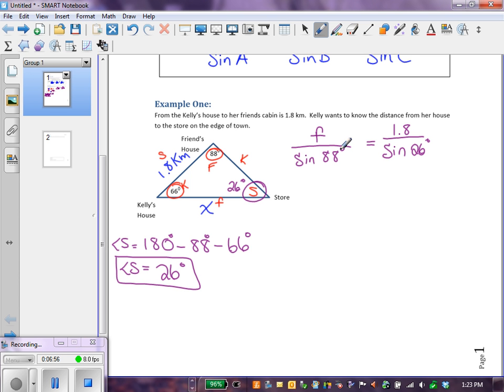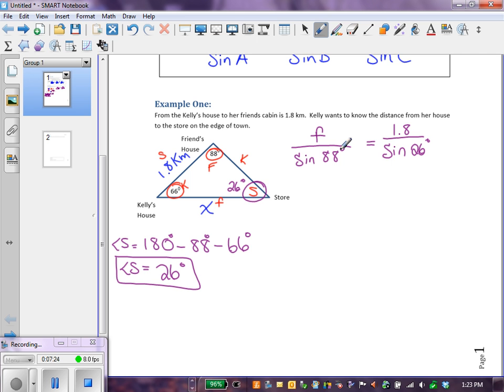Now, here's the thing. I would wait until your last step to actually calculate decimals when you are working inside of an equation, because if you put sine of 26 in your calculator, you're going to get a long decimal. The expectation is when you're working inside an equation, you use all decimal place values.